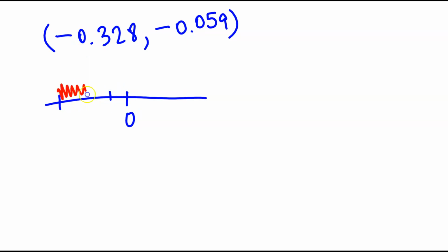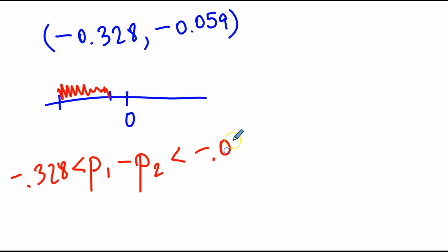Since it's on the left side of the zero, that will suggest that our difference, P1 minus P2, is negative. Why can we get a negative difference? Well, that's when we subtract the larger number from the smaller number. So let's say we subtract 2 minus 5, which is equal to negative 3.